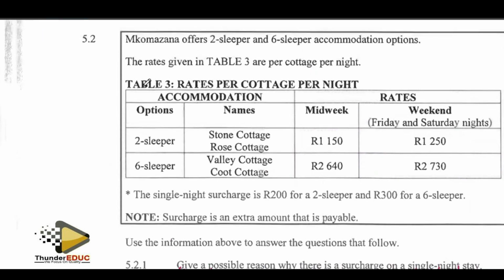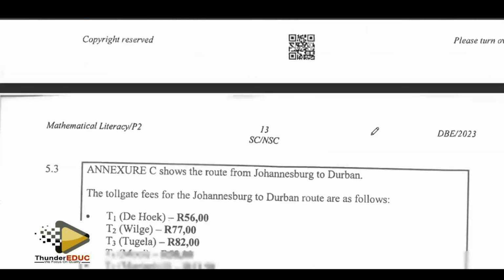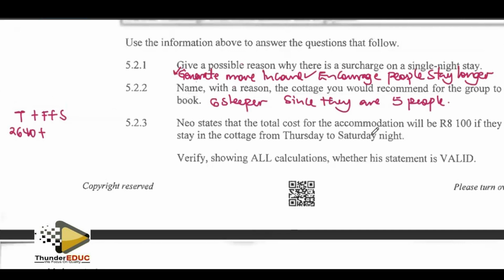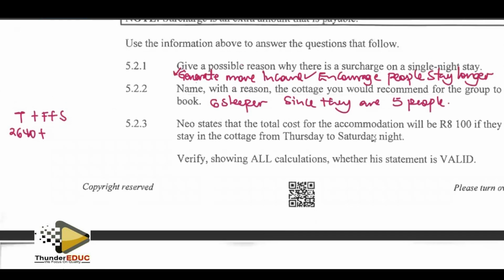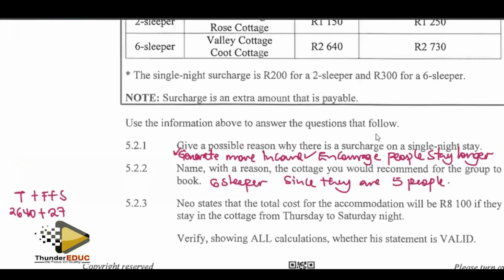Because here they say the rates given in the table are per cottage per night. So per night they pay this much. So how many nights will they be? These are 2, which is 2,700, times 2.